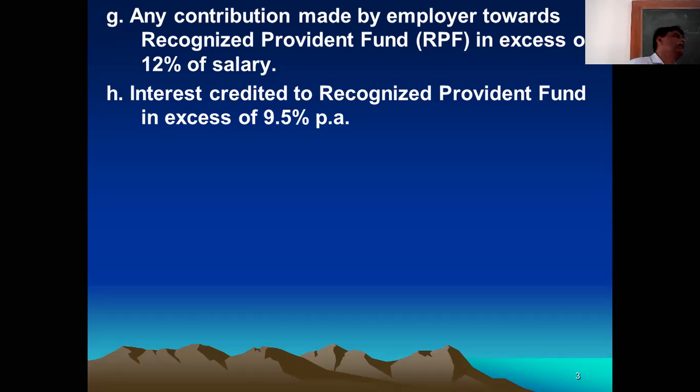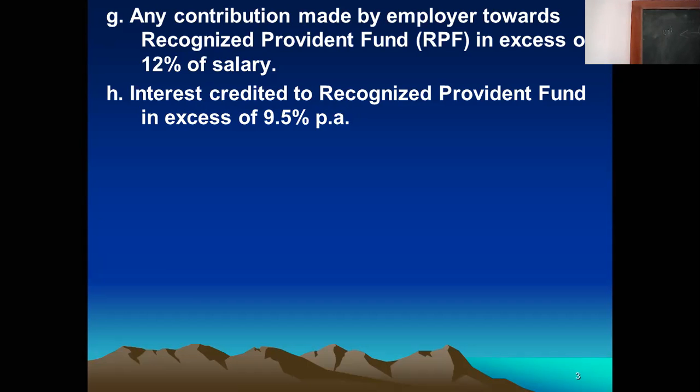For example, let us consider 10,000 is the interest credited to your account on RPF. The rate of interest allowed by the organization is 10%.